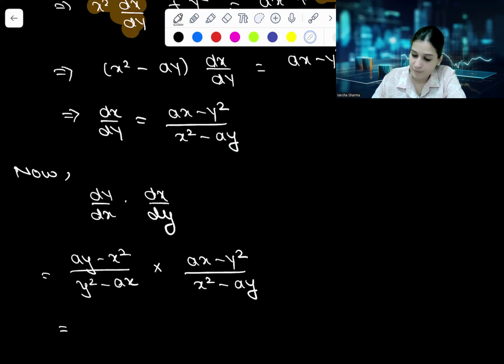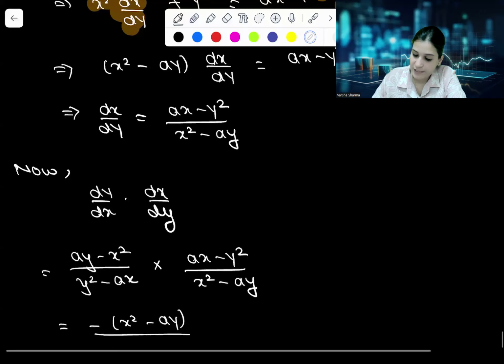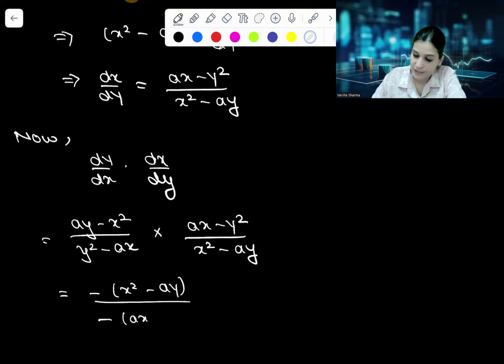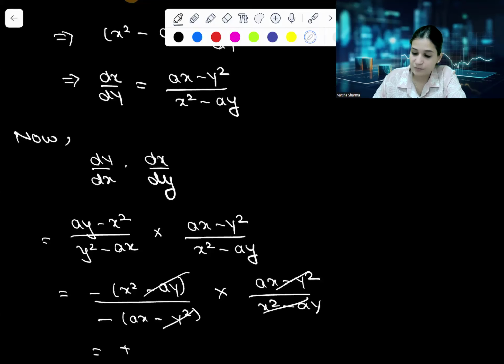Taking minus common here in x square minus ay, and taking minus common here in ax minus y square, now it gets cancelled, and minus minus is plus 1. That means in every single scenario, if you have obtained dy by dx, you can just reciprocate and write dx by dy. Don't need to do it again and again.